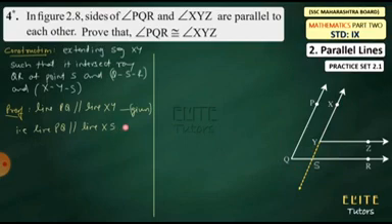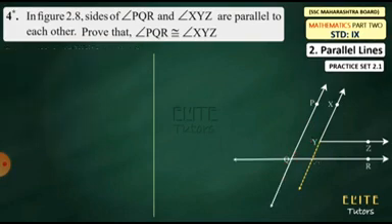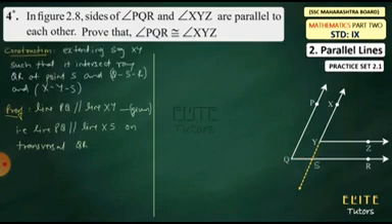First of all, I will take the bigger angle PQR, and first we will prove PQR is congruent to XSR. Here I will take QR as a transversal. PQ and XS are parallel lines, and QR I will take as a transversal and prove the corresponding angles Q and S are congruent.